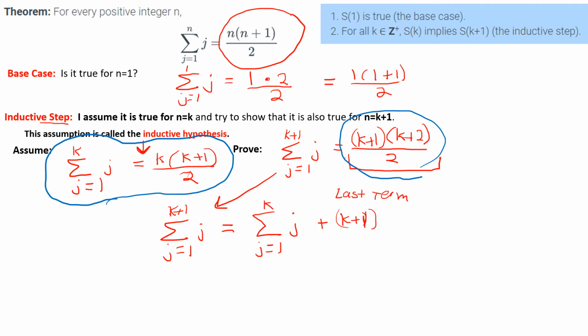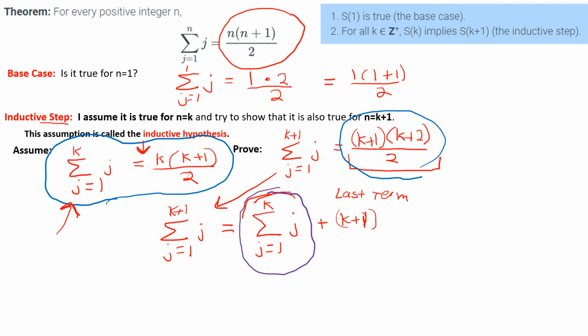Now, why did we do that? Because we want to use our assumption. Remember, we're trying to find a way to use this assumption that we're making for our inductive hypothesis. Now I can use that, right? Because I have this thing right here.